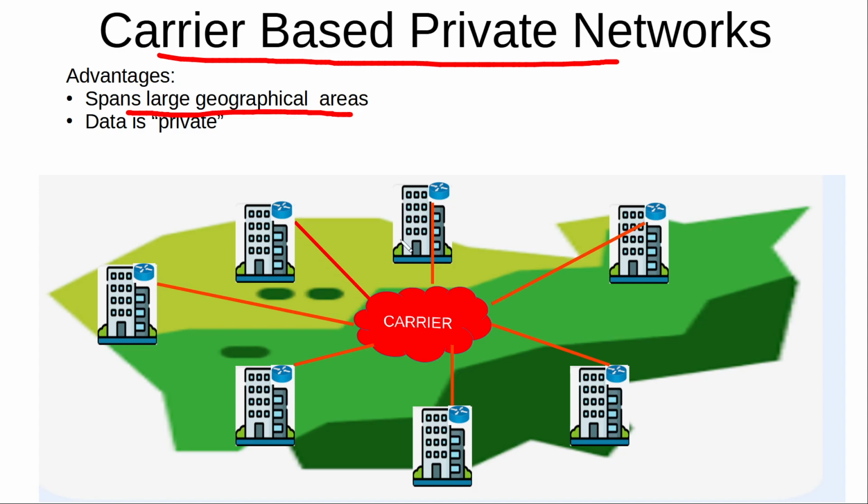The carrier will place what are known as POPs, which are sites close to each remote location, and you will establish a link between your remote office and that POP, usually using fiber or copper for old carriers. Your data is private because the only one that can take a look at your traffic is the carrier, if he wanted to, nobody else.